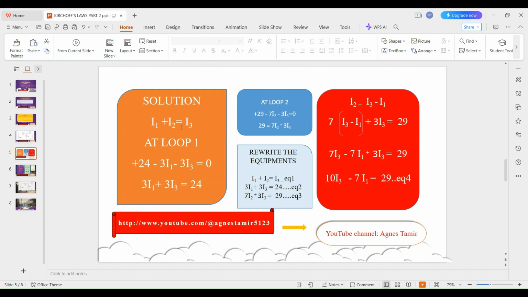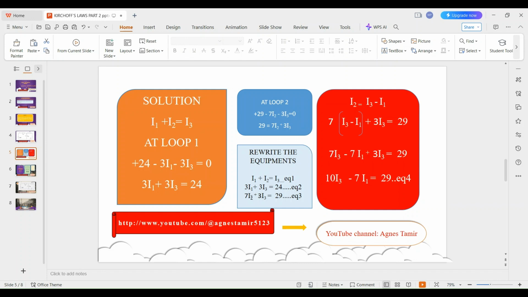Now let's rewrite the three equations so that we can simplify further or substitute. Equation number 1 was I1 plus I2 is equal to I3. Equation number 2, we have 3 I1 plus 3 I3 is equal to 24.